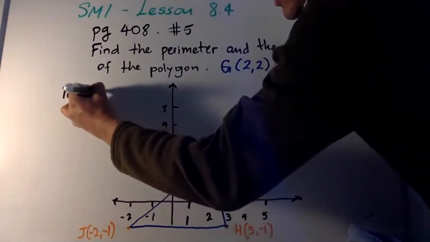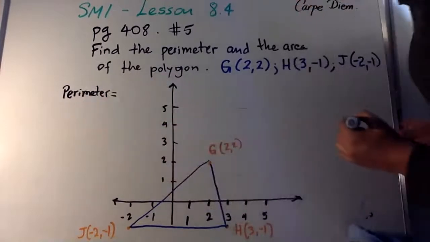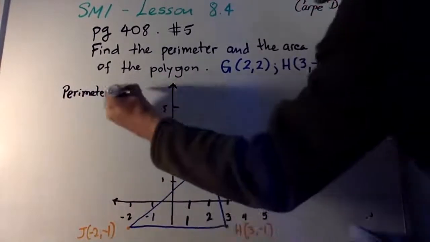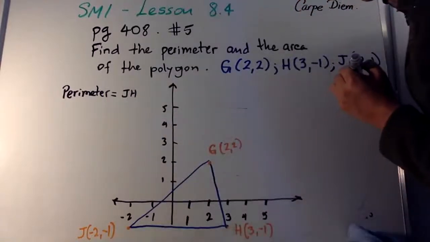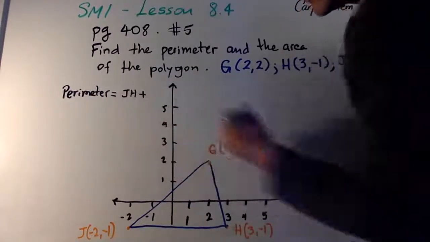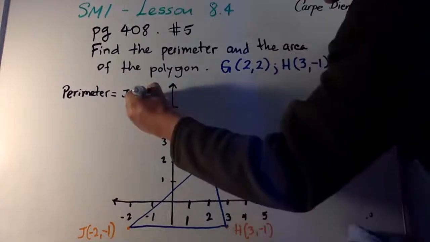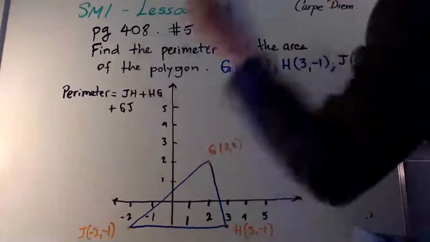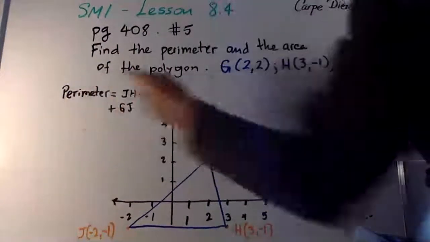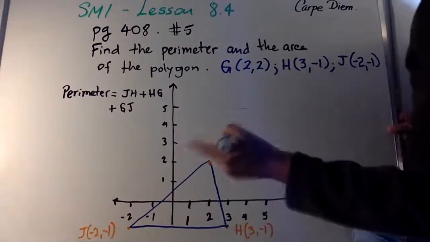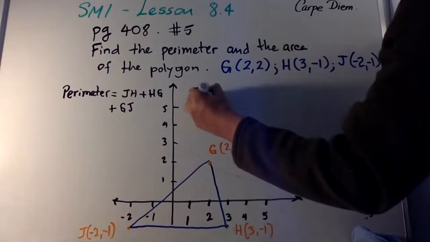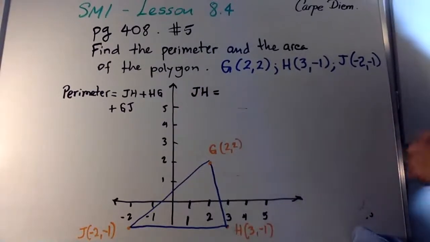So if you want to find the perimeter, the perimeter will actually be JH, the length of that segment, plus HG, plus GJ, of the segments, and then we add them together, we're going to find the perimeter, okay? So let's begin. As I told you, JH.